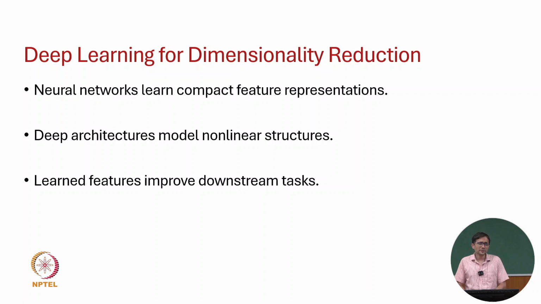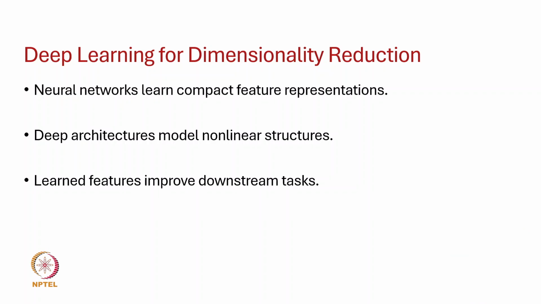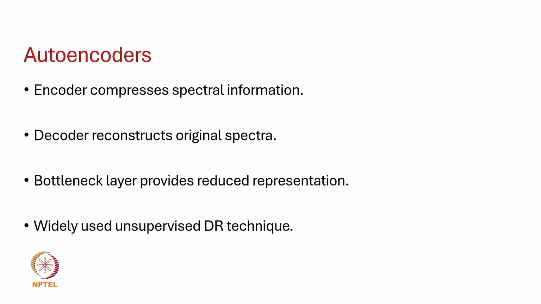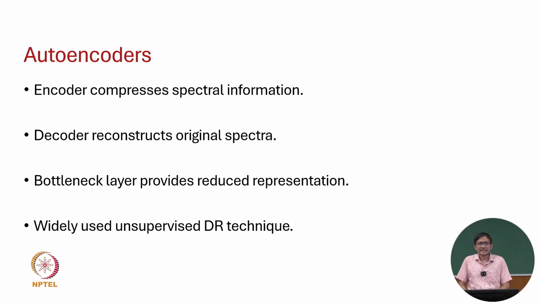And this is, of course, the motivation why one would like to use deep architectures, because we talked about feature selection or band selection, but also we talked about feature transformation. And don't you think that deep networks automatically become a good choice for feature transformation? There, as you would have already guessed, a very natural choice is autoencoders.